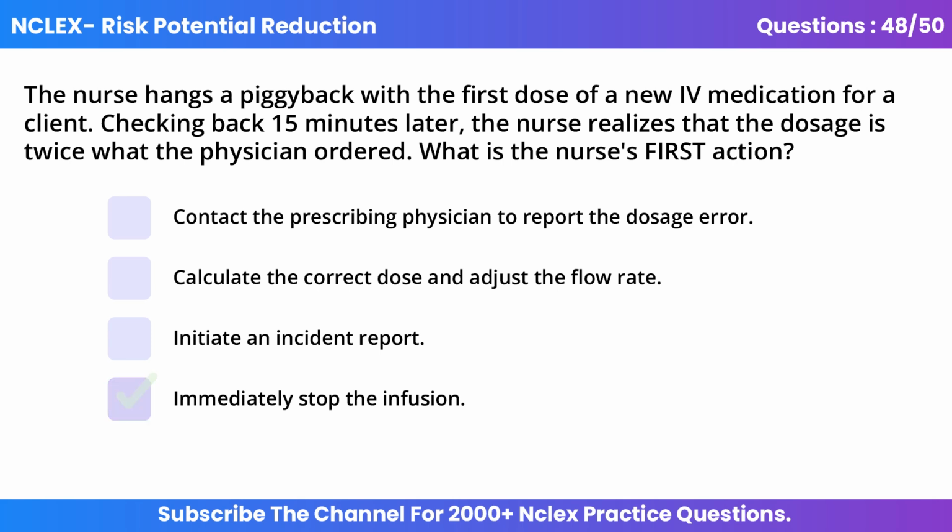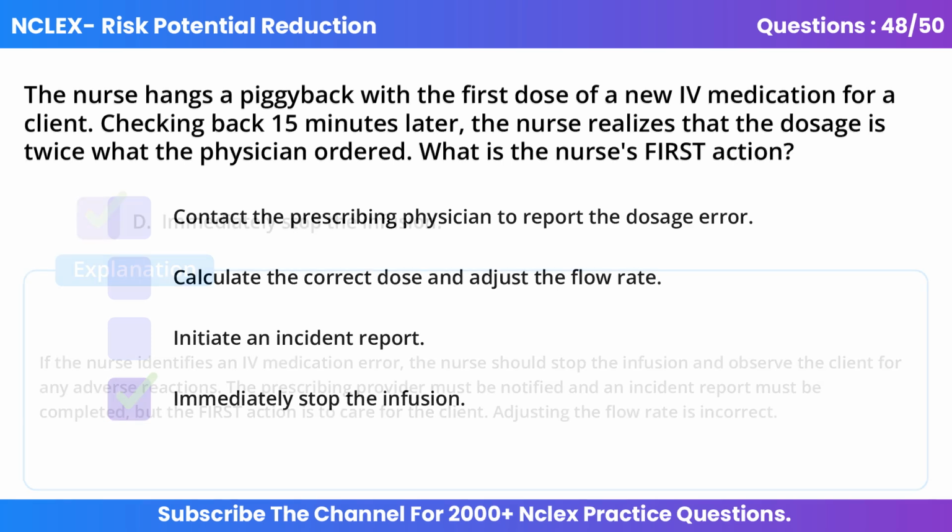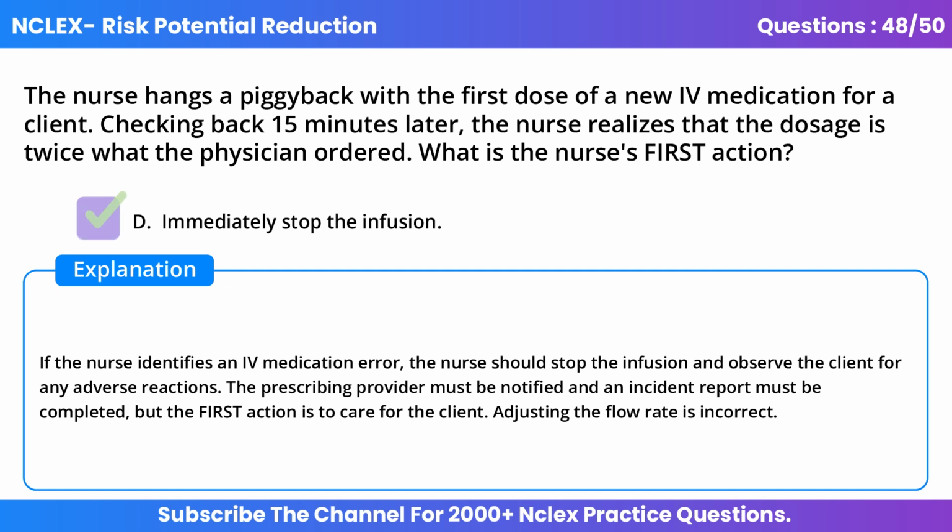D. Immediately stop the infusion. If the nurse identifies a medication error, the nurse should stop the infusion and observe the client for any adverse reactions. The prescribing provider must be notified and an incident report must be completed, but the first action is to care for the client. Adjusting the flow rate is incorrect.